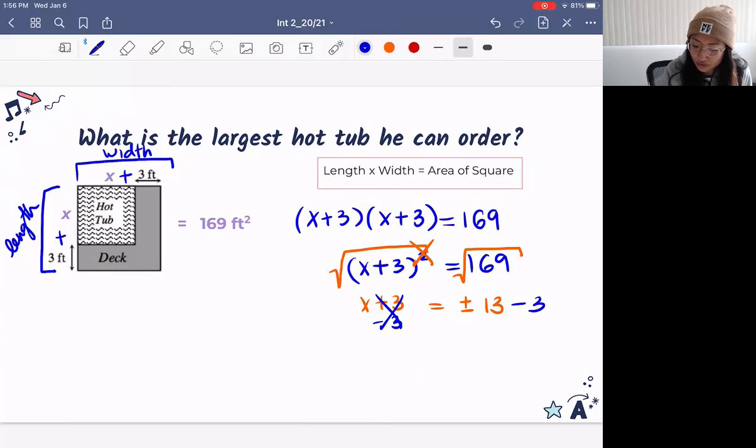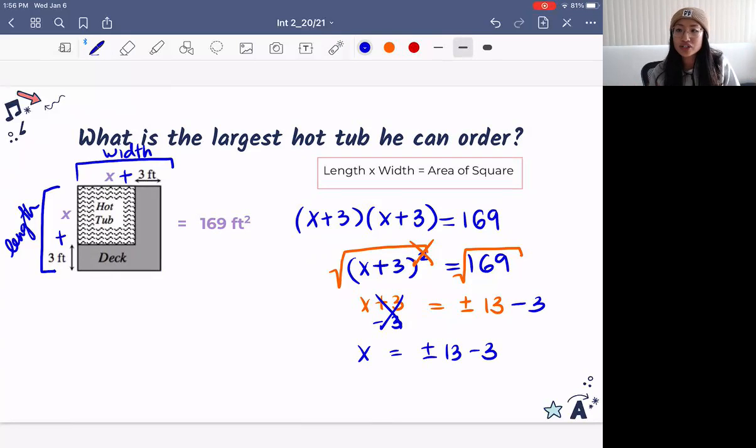And then if I were to rewrite this, I still have x, and I have this whole plus minus 13 minus 3. And that really doesn't look like anything that you guys are aware of before. Usually they're whole numbers, usually they're decimal numbers, but this is actually not done because this can be split up into two numbers.